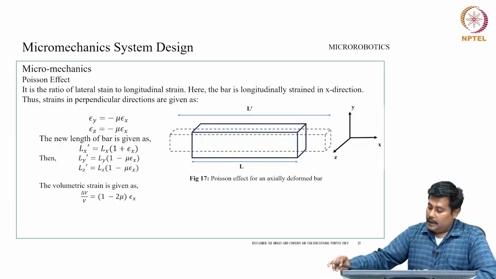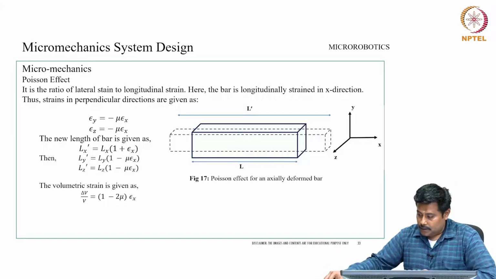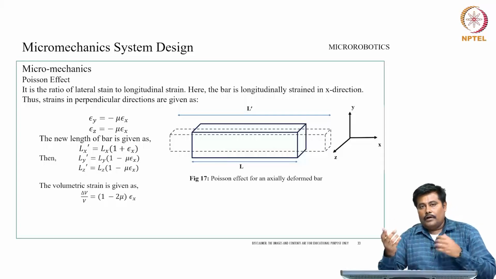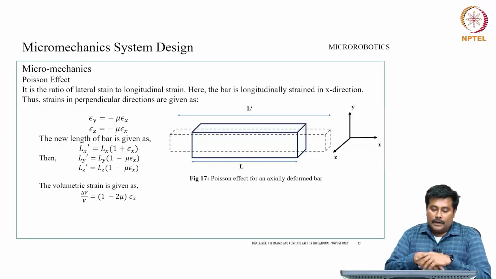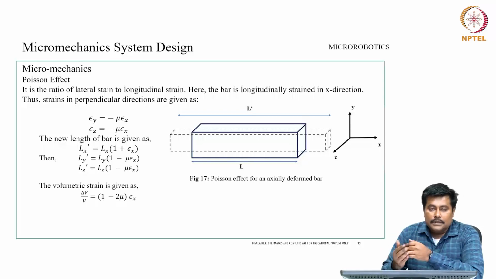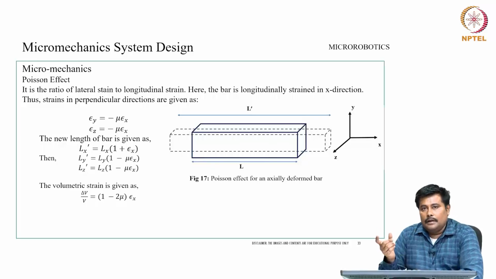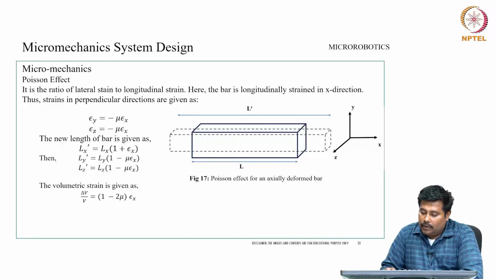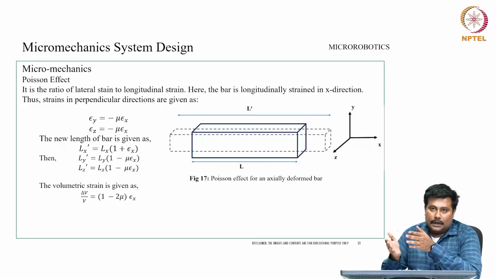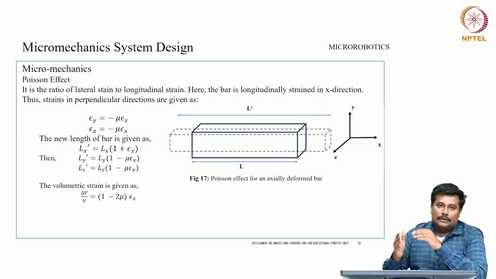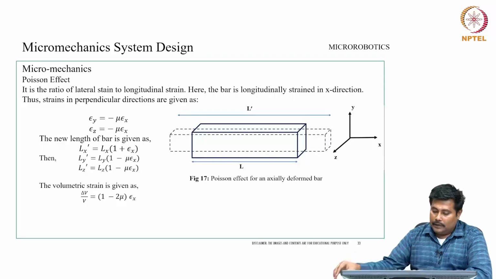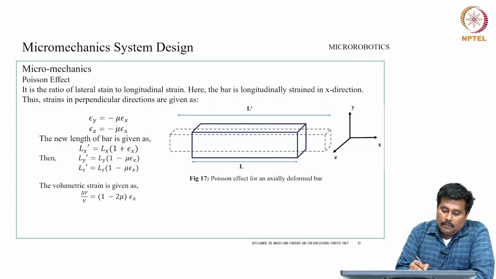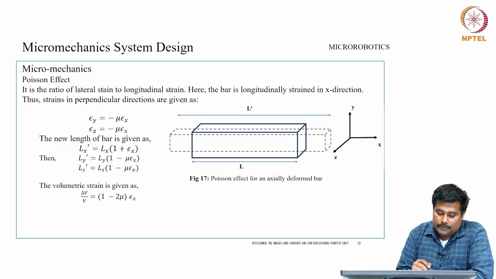Now, let us see about the Poisson effect in the case of a structure. This Poisson effect, we are all aware of. It is the ratio of lateral strain to longitudinal strain. Here, let us consider a bar of length L. The bar is longitudinally strained in the x direction. The strain in the perpendicular direction is given as epsilon y equals minus mu epsilon x and epsilon z equals minus mu epsilon x.